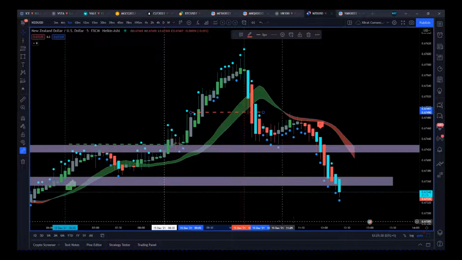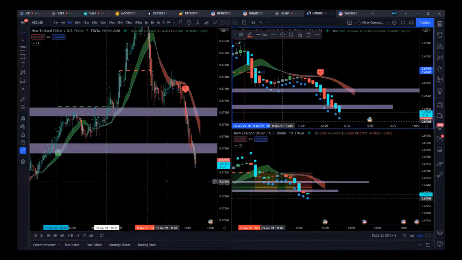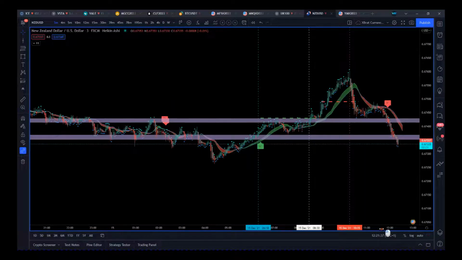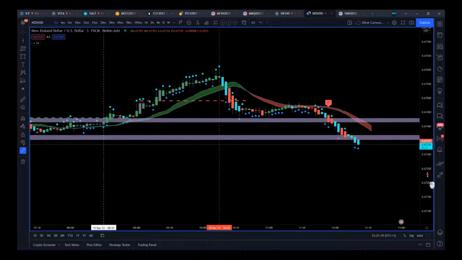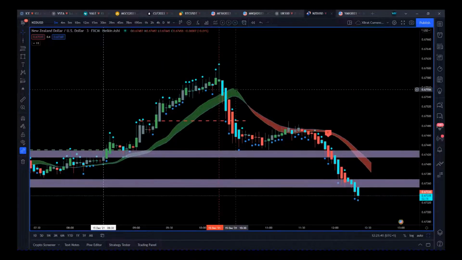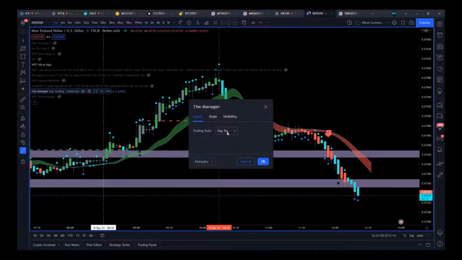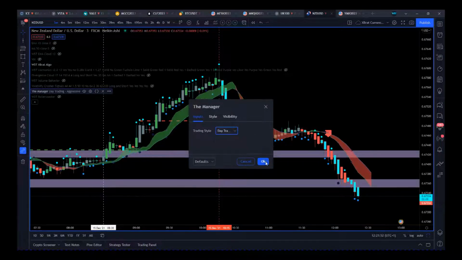But then the options for us on the 3 minute, for example, is we could have the manager turned on to aggressive, because this is a 3 minute time frame, and we could use this as an aggressive. So I'm just going to change that to day trading aggressive.